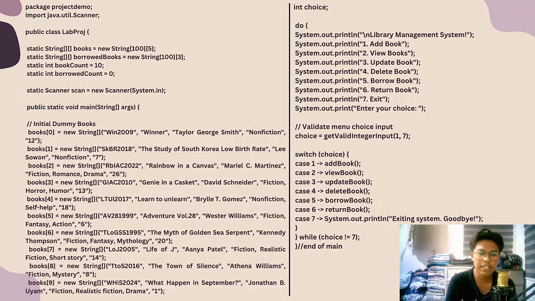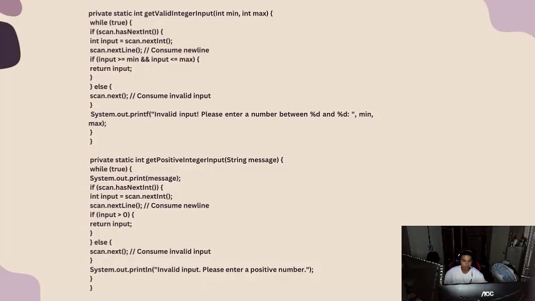Input validation is implemented in this program code to ensure that the user gets to input again if the user inputs a wrong integer or wrong choice. The scanner object facilitates menu interactivity with user input.